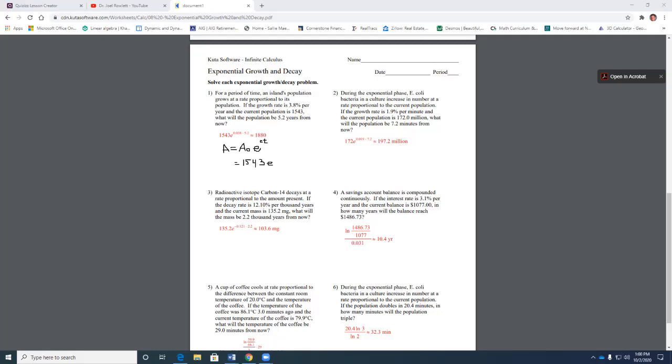Now, c is going to be the growth rate, and since it's growing, I know that c is positive, and it's going to be 3.8%, which I have to write as 0.038. Remember that we always use a decimal, not percentages, so 0.038.